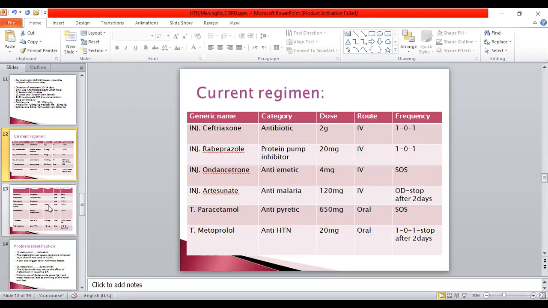So why did they start artesunate? What evidence pointed towards malaria? Even in chloroquine-resistant malaria they use artesunate. But here no proper history was taken, I feel. Otherwise, why did they have to start artesunate here?